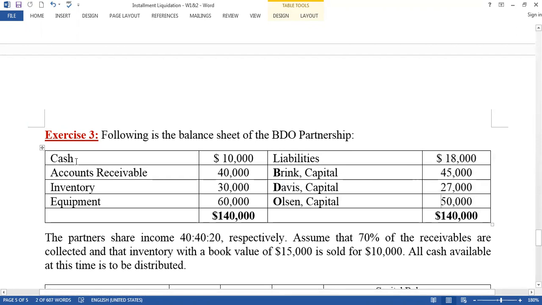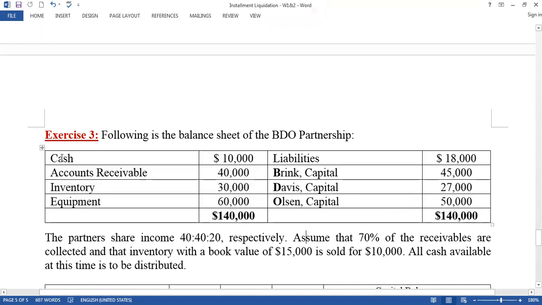Now they have some cash and non-cash items. So this is the cash, $10,000, and they have some non-cash: accounts receivable, inventory, equipment, and this is the amount. And total is 140, 140.